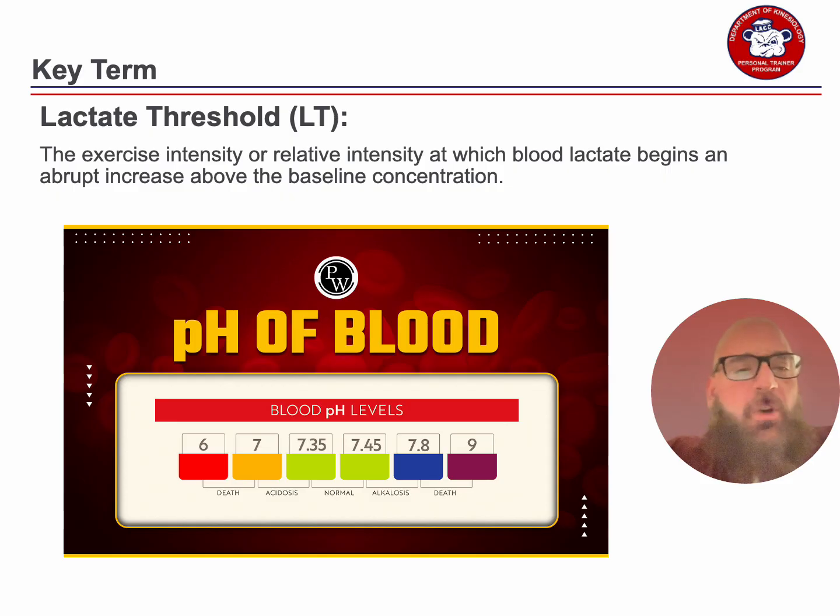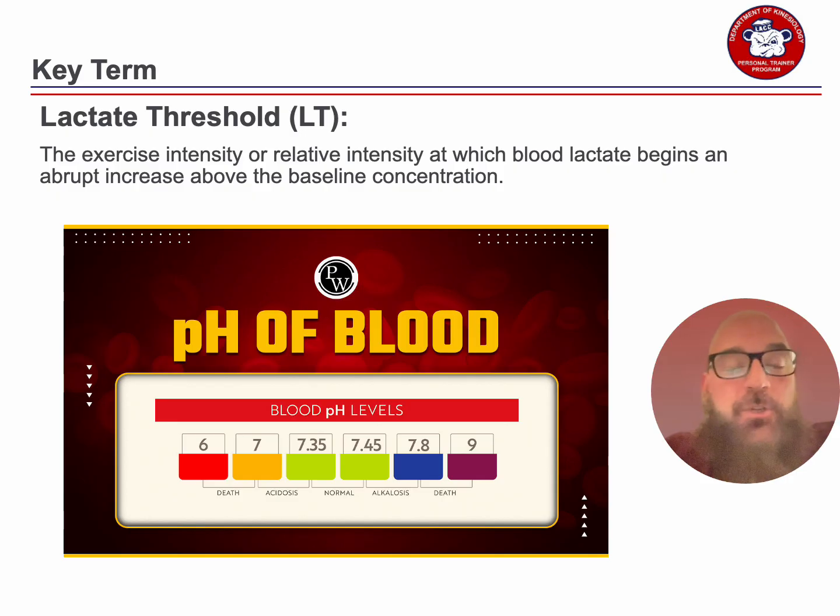Our blood is a little bit more basic. You're going to see it's around that green range, 7.35, just above 7, to 7.45. If you move further to the right, it's going to be more alkaline, or a base.